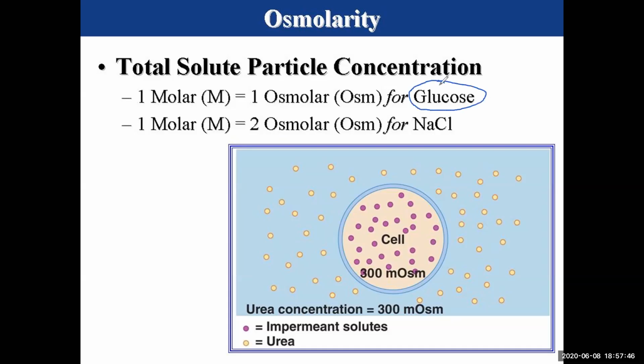So glucose stays the same. So 1 molar of glucose is the same as 1 osmolar of glucose. But some solutes, for example sodium chloride, dissociate in water. So let's say 1 molar of sodium chloride becomes 2 osmolar, because there are 2 particles now contributing to lowering the concentration of water.